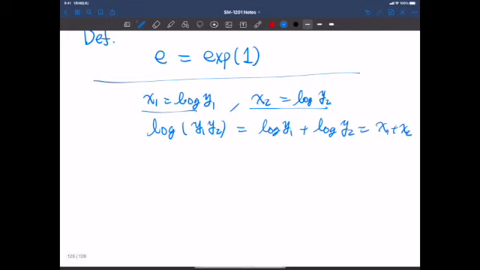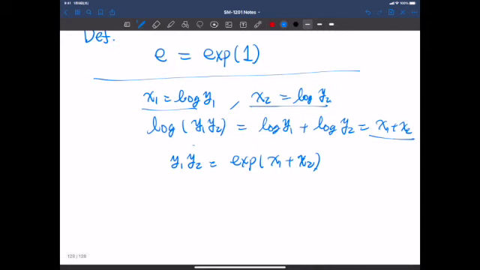Okay, so if we take the inverse of these, then we have y1 y2 is equal to exp of x1 plus x2.